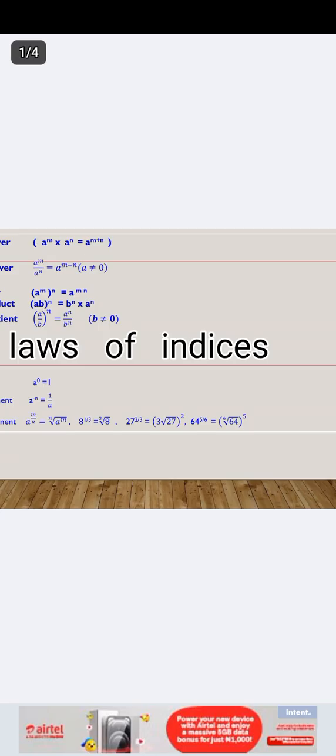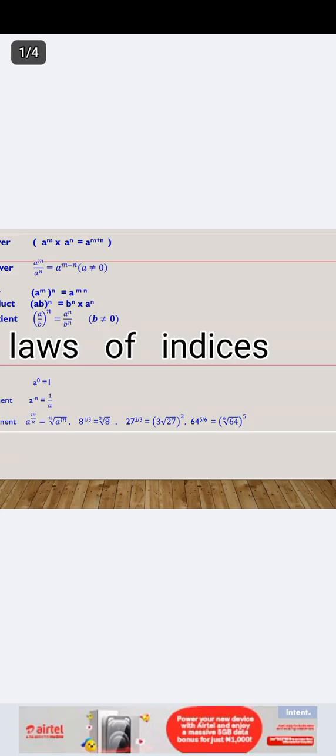You will learn how to multiply indices, divide indices, use brackets and indices, how to raise a value to the power of 0 and to the power of 1, as well as fractional and negative indices. Get ready, let us dive in immediately.